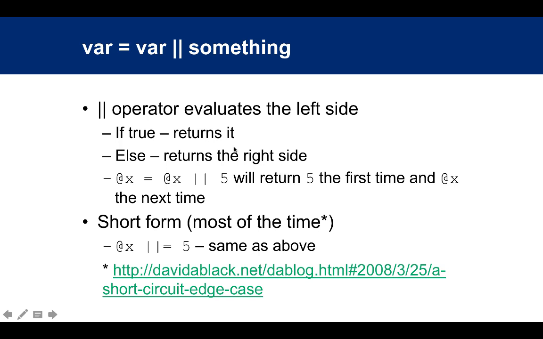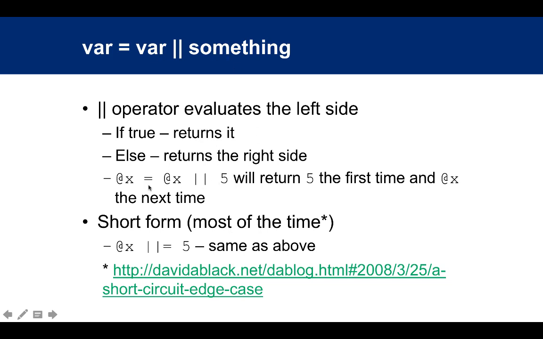We also have this double pipe operator, which works by evaluating what's on the left side. If that's true, it just returns that. Otherwise, it returns what's on the right side.